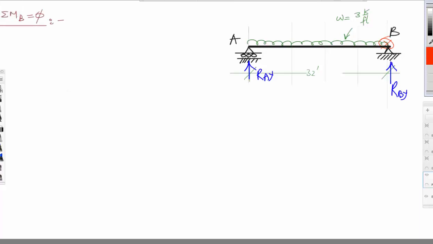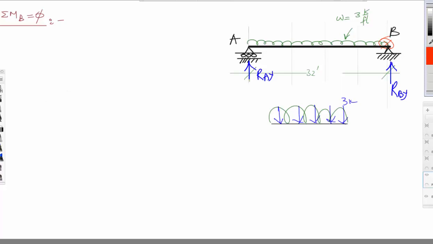Here we need to understand the concept, and this concept is for the uniform distributed load. I say this is a piece of uniform distributed load. This means 3 kip per foot means there's 3 kip for each 1 foot.